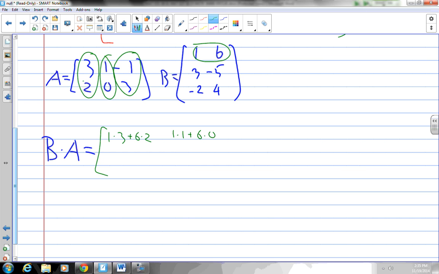So that's 1 times negative 1 plus 6 times 3. Is that right? So if you just compute it right away, it looks like a 15, 1, and 17. Make sure. Yeah, that looks good.